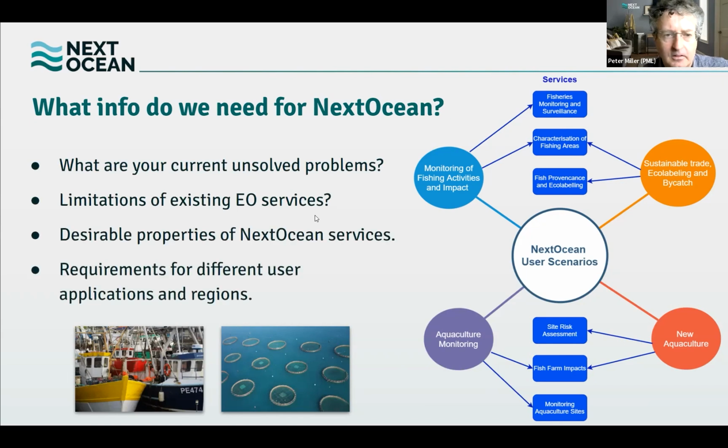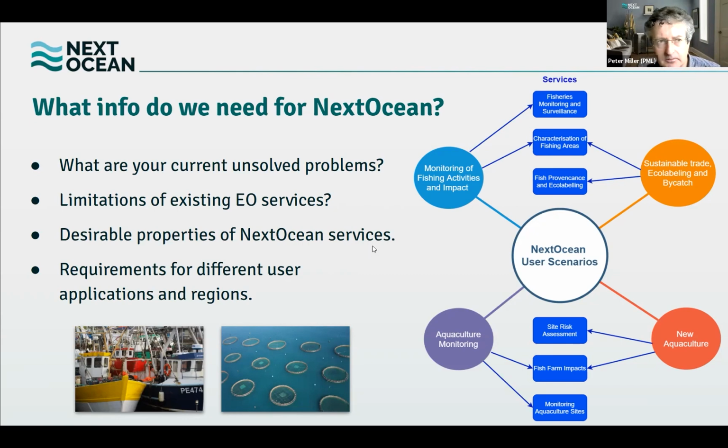So the purpose of the co-design is to find out what people's unsolved problems are, because there's no point if they've really got a perfectly good solution for one of their business needs. How are their existing services limited? What properties would they think of as desirable?